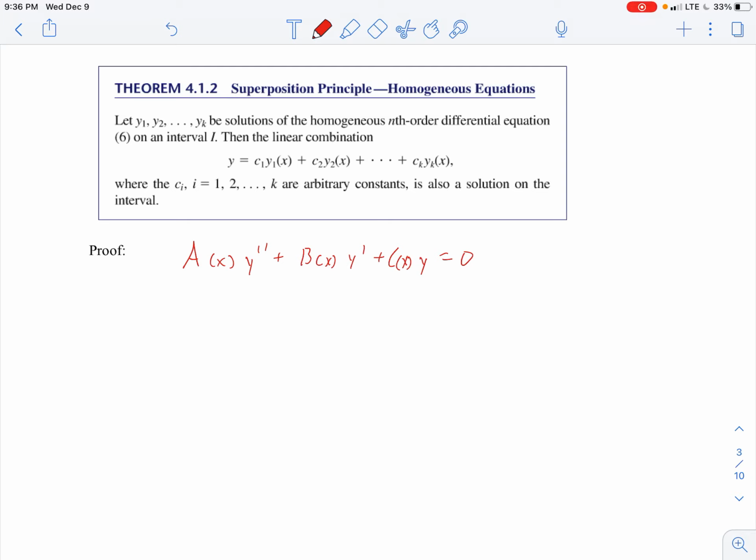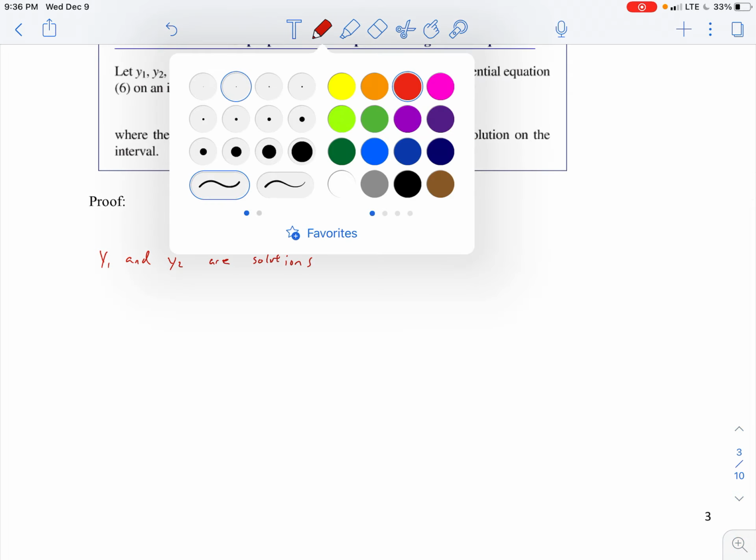Let's say we have two solutions, y sub 1 and y sub 2 are solutions.